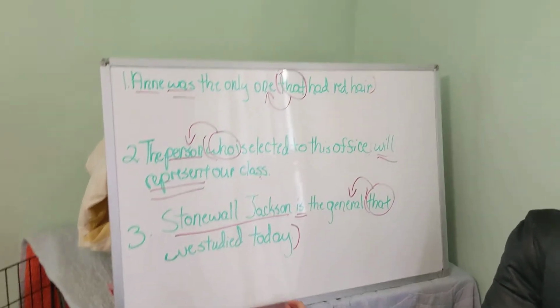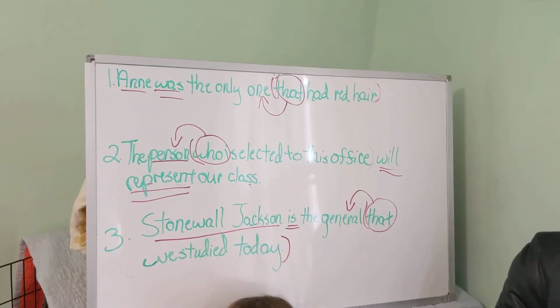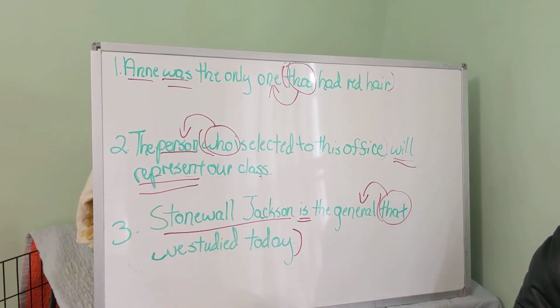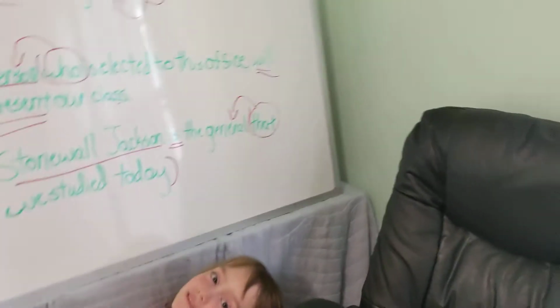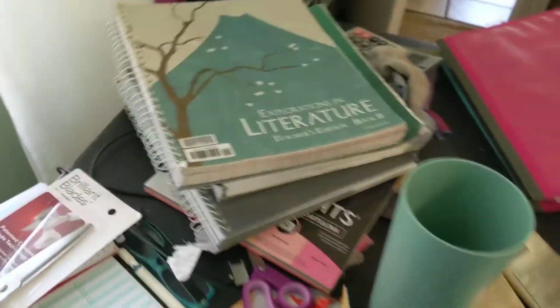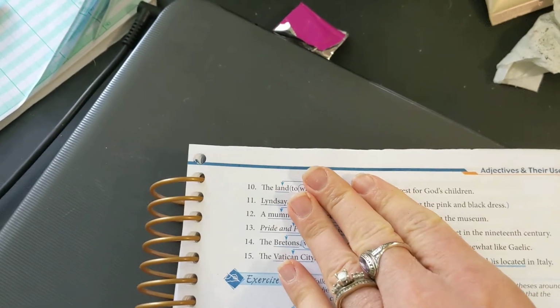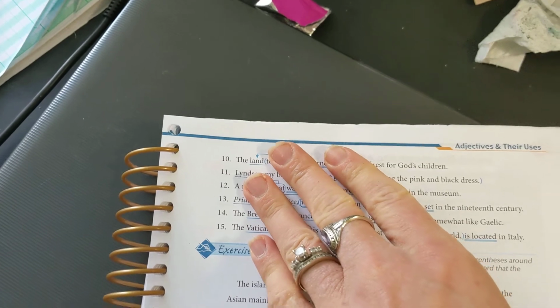So let me give you a bigger view of this. And if you need to pause it so you can make sure you get the answers, you may. For homework or after you watch this video, you need to make sure you complete exercise A. Notice that it goes on to the next page, page 149, and just do 1 through 15.